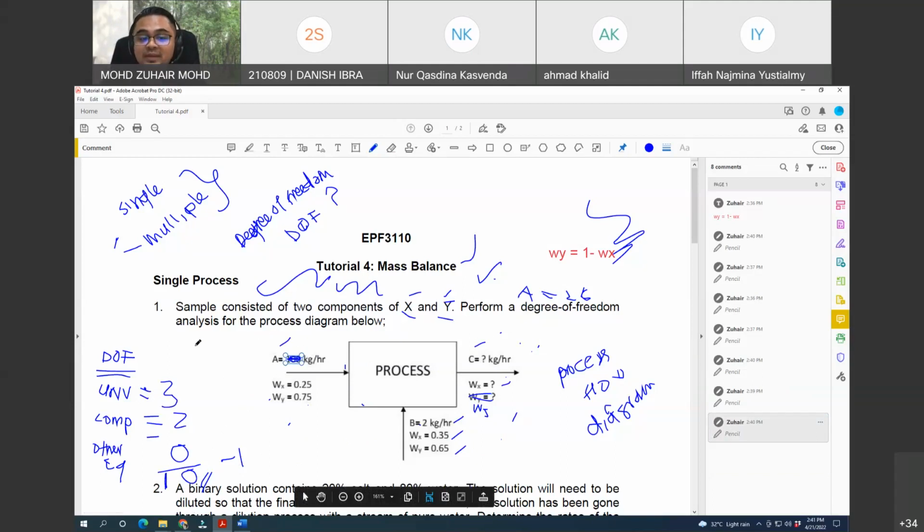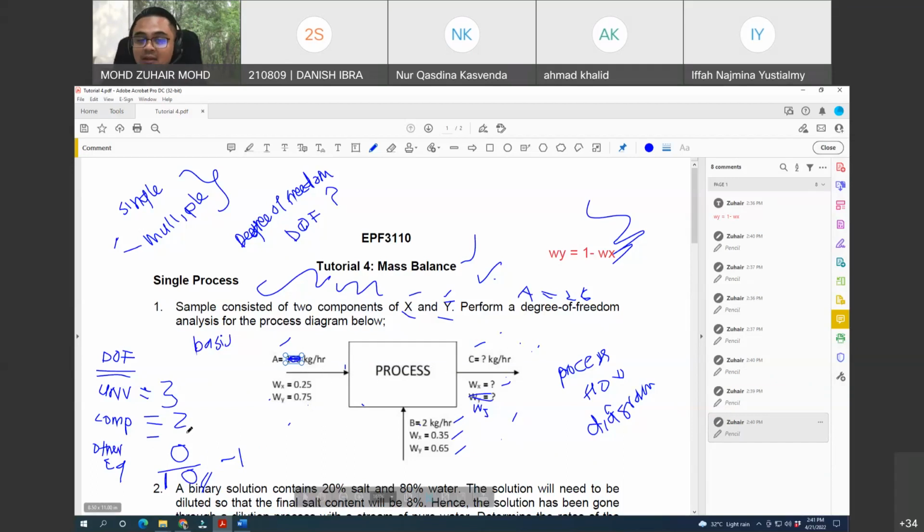So we need to put a basis. We need to do some assumption. As an engineer, you need to know when to do the assumption. Not all the time can we do an assumption. There are a few situations where we need to do some assumption in order to solve any kind of question.